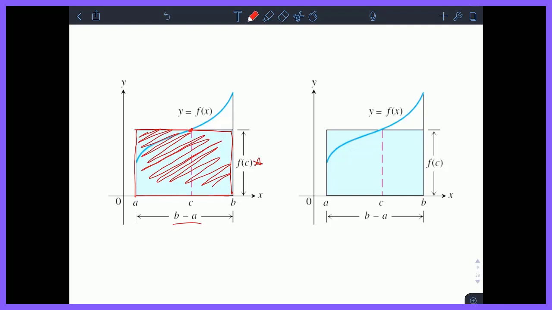You multiply them together and you find the area of this rectangle. It's going to exactly equal the area under the curve, which is the integral, which I'll highlight right here. So this magic number is the exact value at which the area of this rectangle, when drawn, will exactly equal the integral, the area under the curve.